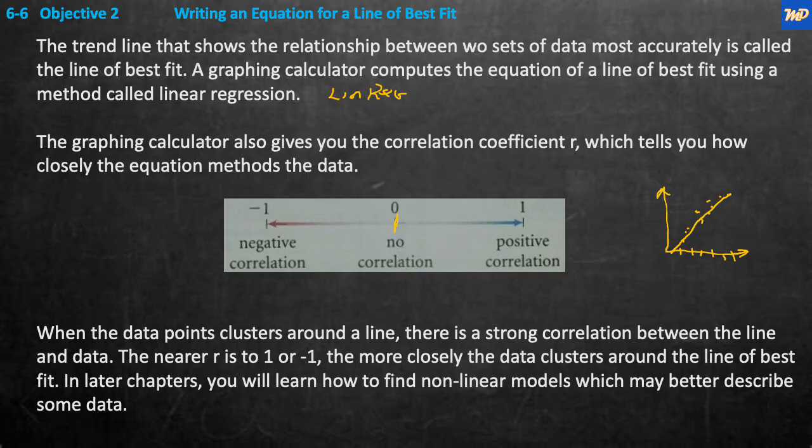So that's what they're showing us here. So in a positive correlation, as your x values go positive, the y values go positive. And if every dot were on the line, then it would be a positive correlation of 1. But it's never 1, so it's something less than that, right?